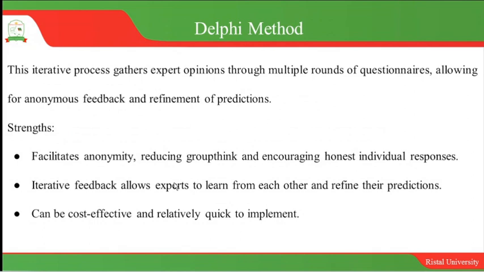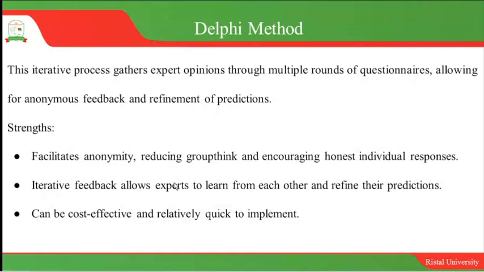Some of the strengths of using the Delphi method: number one, it facilitates anonymity. We may get very good information that can help us to forecast, but we don't 100% know who gave the information. We just know this person who answered the questionnaire was among a group of people.